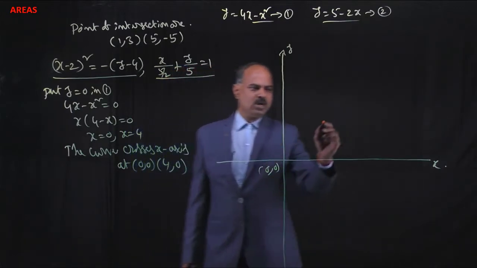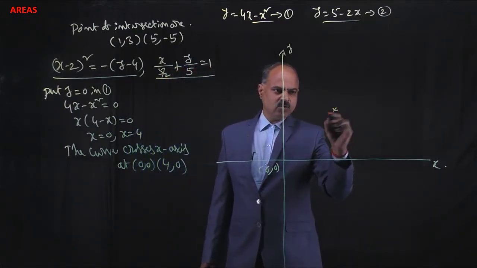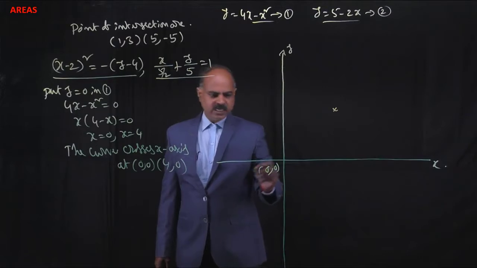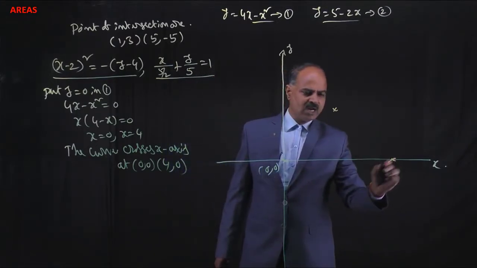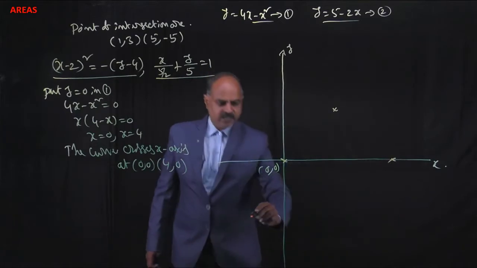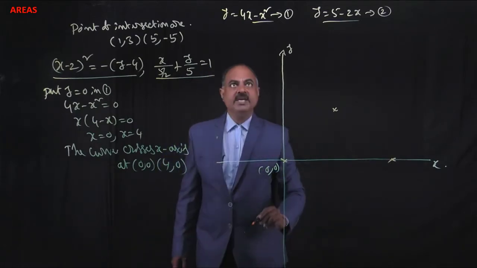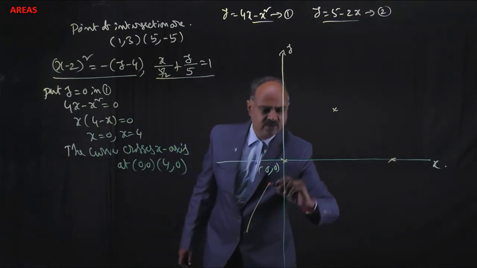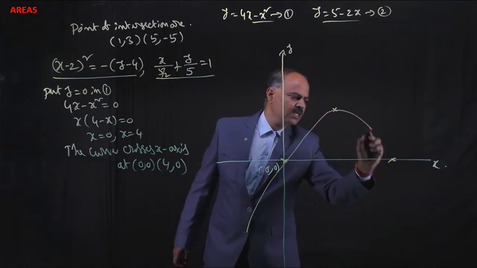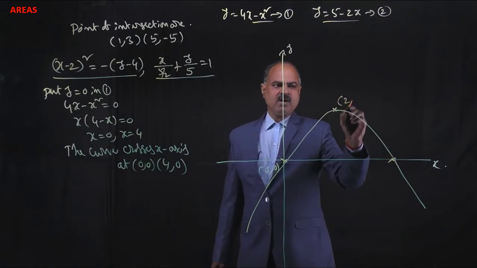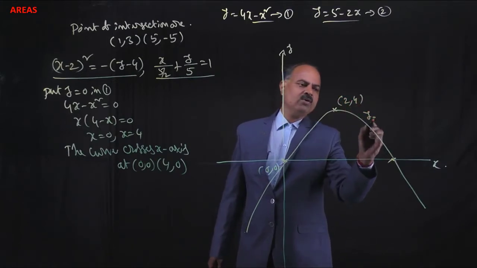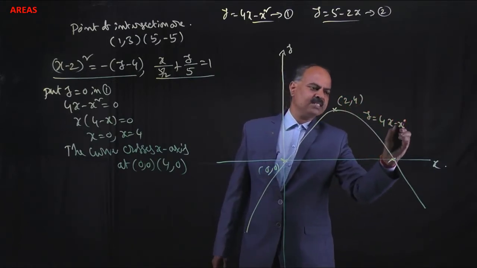Vertex at 2 comma 4. Here this is 2 comma 4. And the curve crosses at 0 comma 0 and 4 comma 0. So this curve is y equal to 4x minus x square with vertex 2 comma 4.